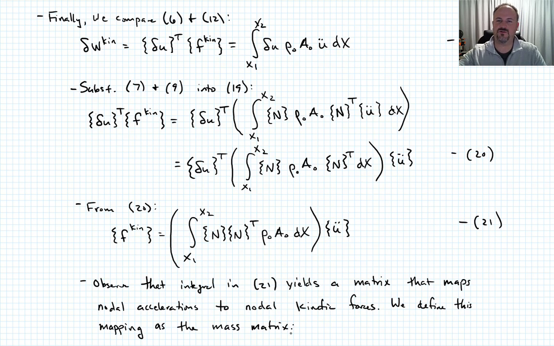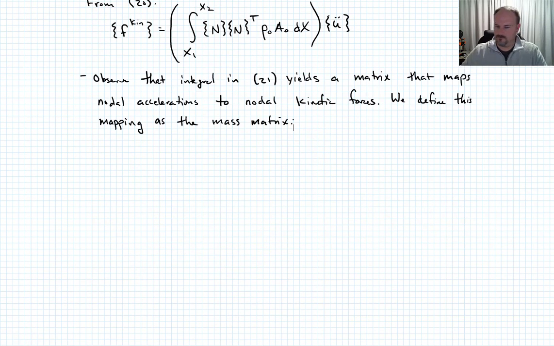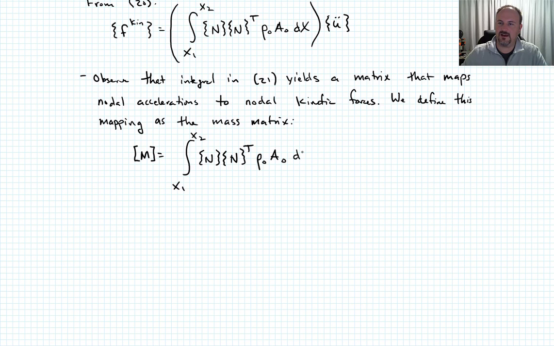We can define it as follows: the mass matrix M is equal to the integral from x1 to x2 of N times N transpose times rho naught a naught dx. Let's call that equation 22.